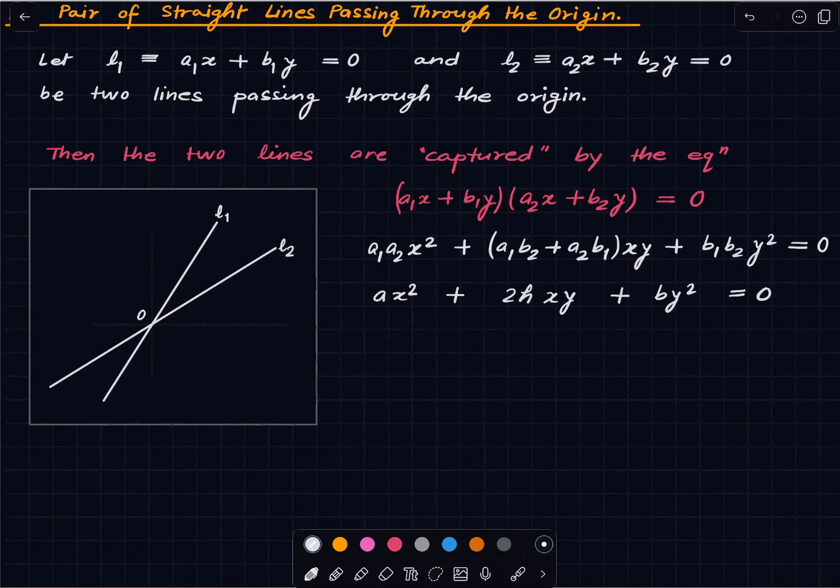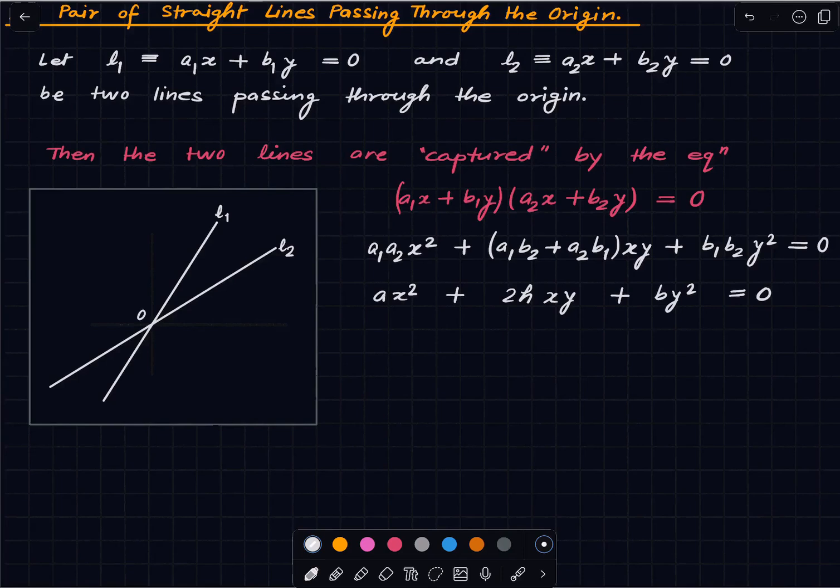Such a thing is, generally speaking, and when I say general, I don't mean always, typically a pair of straight lines passing through the origin. So the point of this lecture is to properly understand what is the equation of a pair of straight lines passing through the origin in full generality. What's the best we can say?